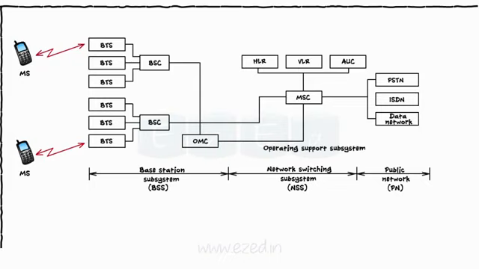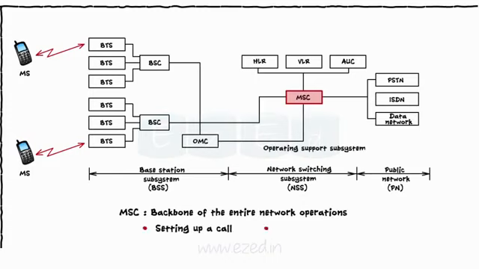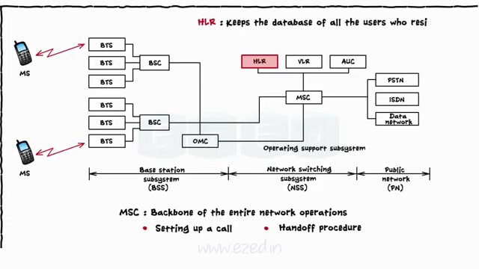Network and switching subsystem, NSS. This system mainly contains the MSC. MSC is the backbone of the entire network. It controls all the operations from setting up a call till the handoff procedure. Other blocks of NSS are HLR, Home Location Register, which keeps the database of all the users who reside in the same geographical area.